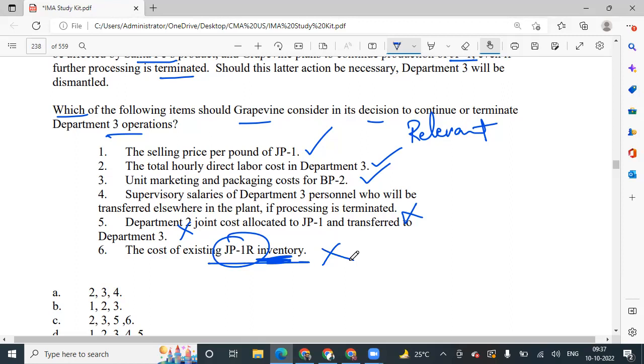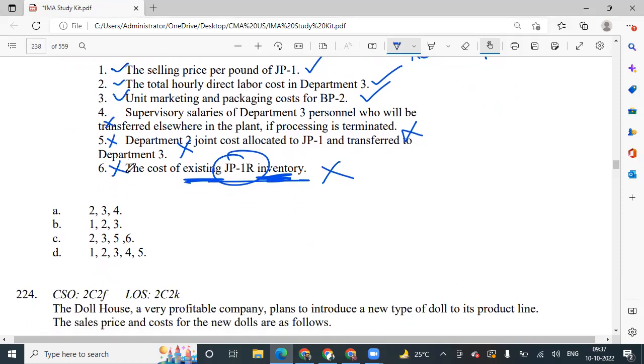They are not saying the cost of the next manufacturing which we are going to do. They are saying the existing inventory which is already there. Existing inventory is a sunk cost. So options 4, 5, and 6 are out, but options 1, 2, 3 are in. So let us see what option we have. We have option B, and that is our answer.